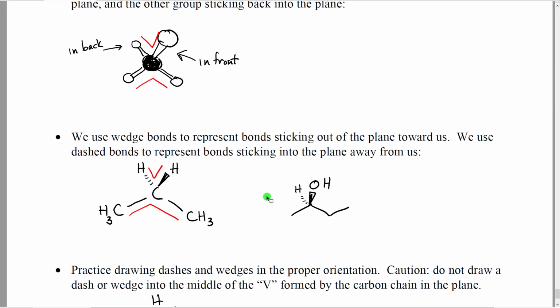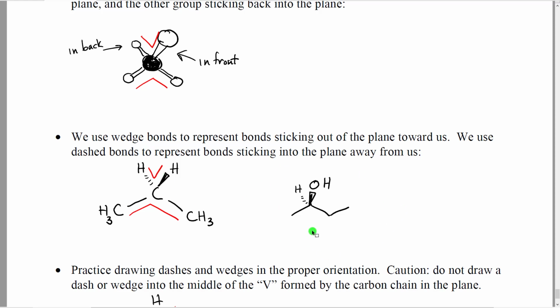Now it's important to notice that the two bonds that are in the plane form a V that opens in one direction. The two bonds that are out of the plane, one in front, one in back, form a V that opens in the opposite direction. This is the proper arrangement in order to actually represent a tetrahedron. And we really need to try to maintain these approximate angles.